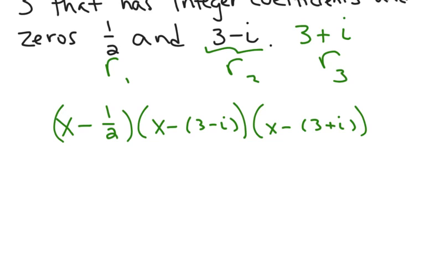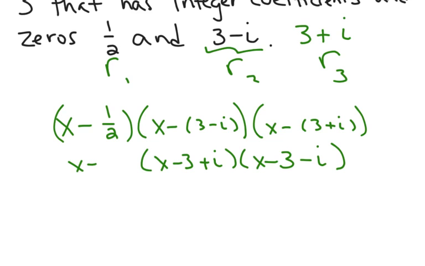There are a couple ways of going about doing this. Probably the most direct way is to multiply these two polynomials together and leave the x minus 1/2 till the end.